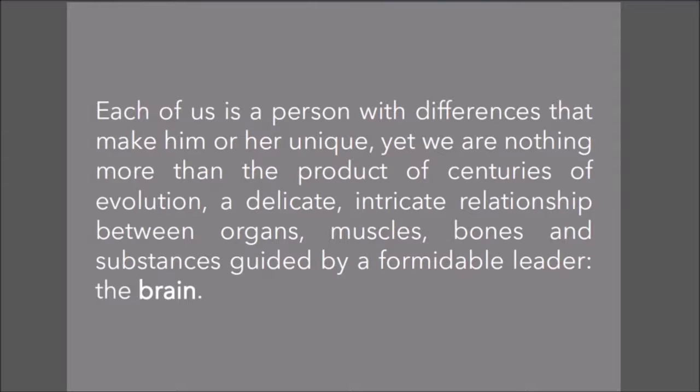Each of us is a person with differences that make him or her unique. Yet, we are nothing more than the product of centuries of evolution, a delicate, intricate relationship between organs, muscles, bones, and substances, guided by a formidable leader, the brain.